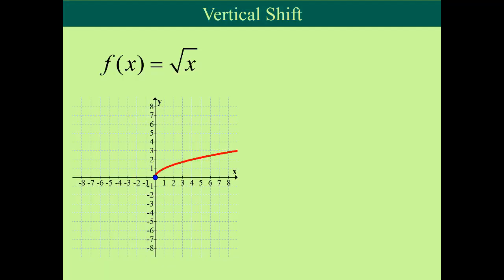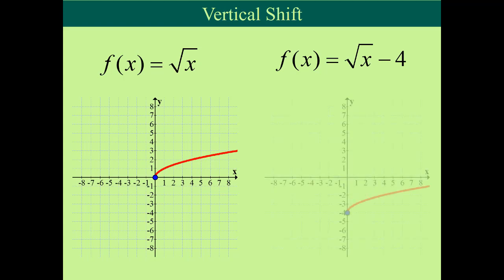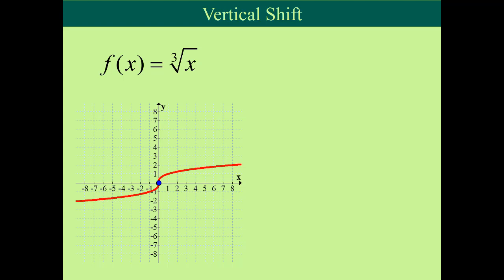Well, the same thing happens in the vertical direction. The square root of x, if we subtract 4 outside of the square root, notice we're not replacing the x, we're subtracting 4 after the fact. That's going to shift the graph down 4 units. Here's the cube root of x graph.